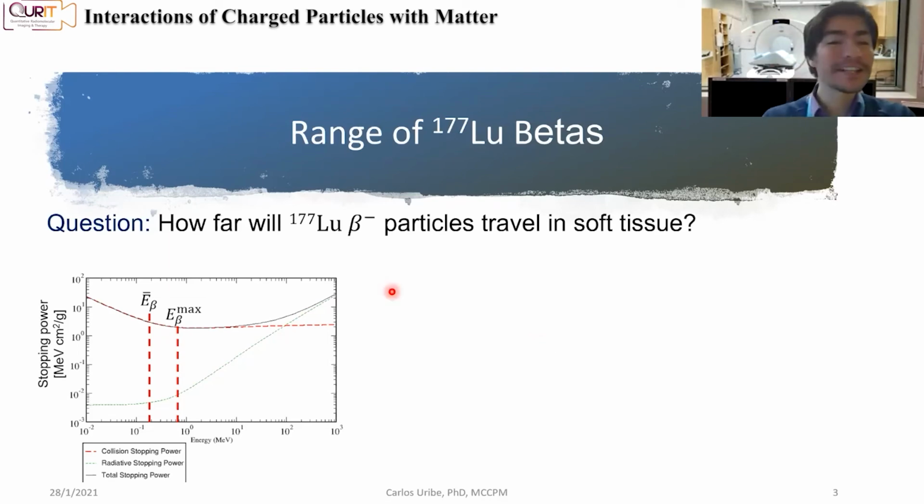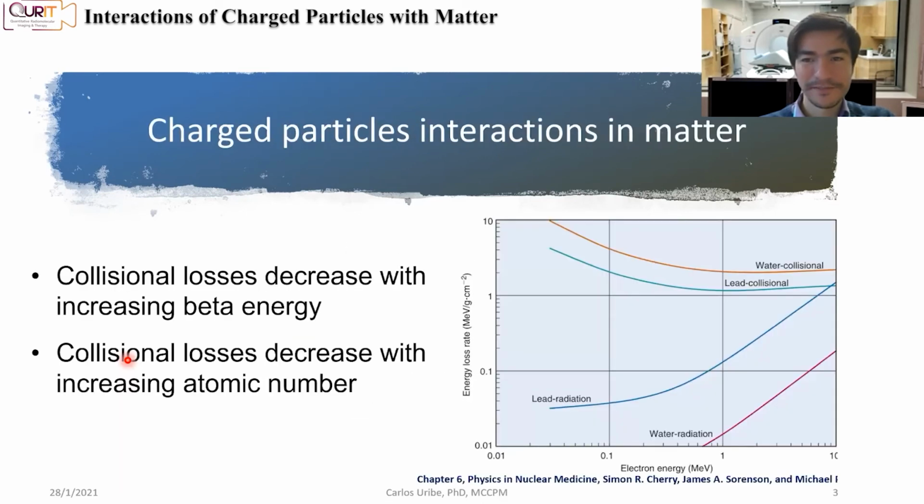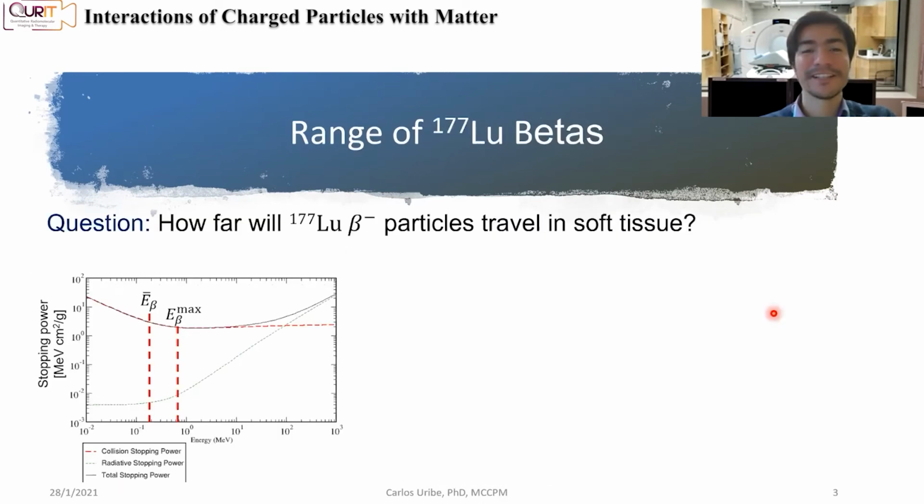For example, we ask questions like, how far will a beta particle from the lutetium-177 decay travel in soft tissue? Then we can look at the stopping power, similar to what I just showed here. We have a radiative effect, we have a collision effect in red, and black shows the total.